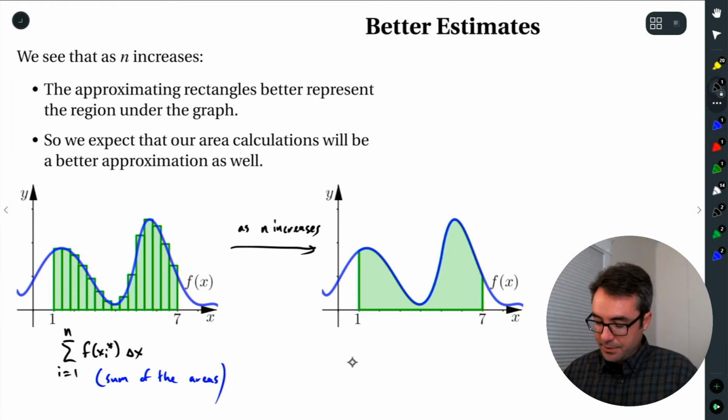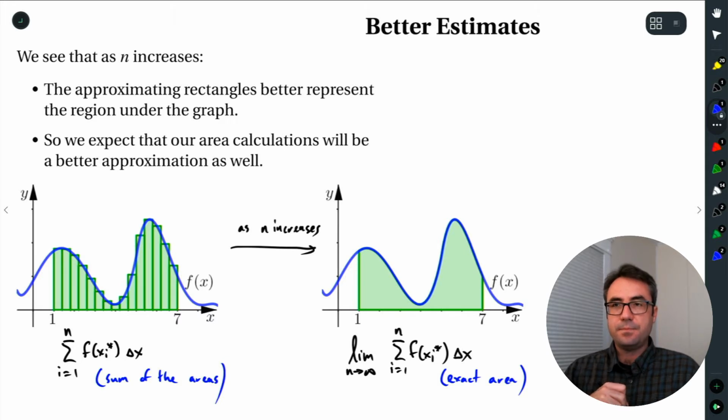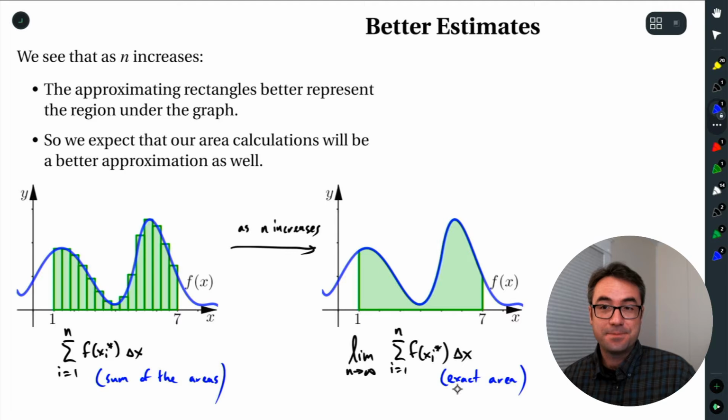If we could calculate the limit as n goes to infinity of the sum from i equals 1 to n of f of xi times delta x, we're going to get the exact area under the curve. And this is our definition for the definite integral.